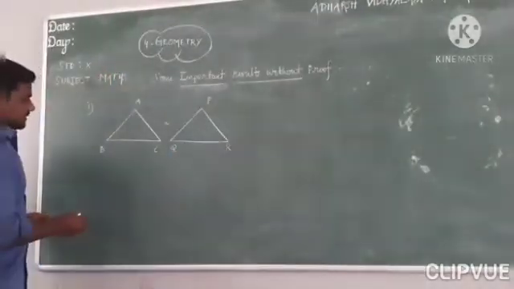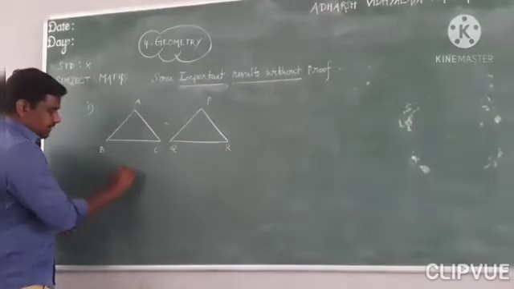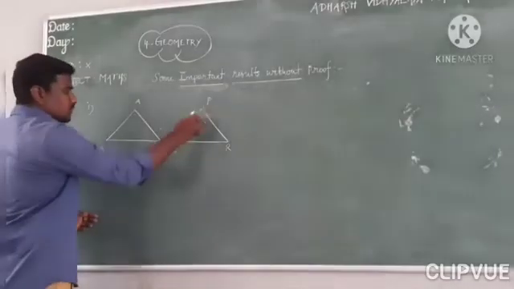So how can we show that? For example, AB corresponds to PQ.